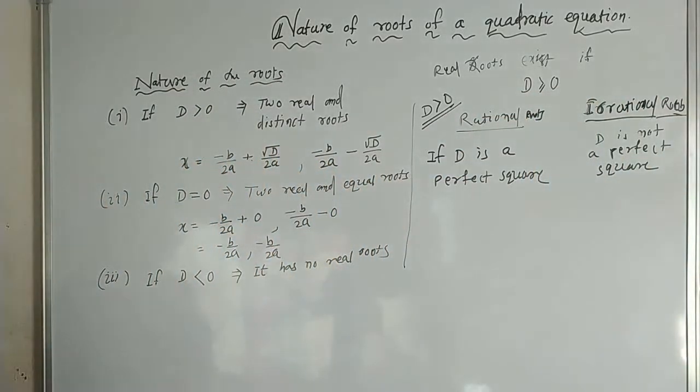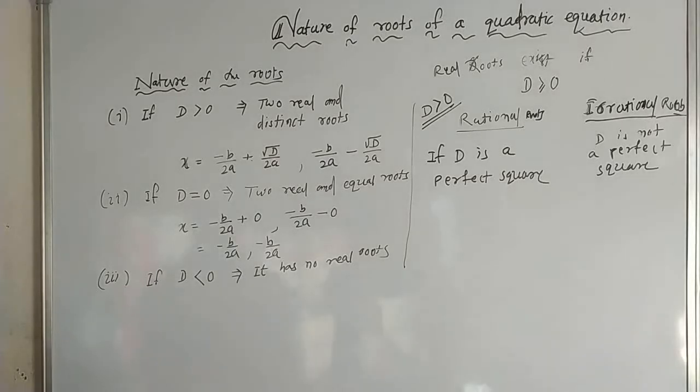If D is greater than 0, easily you can say that it has two real and distinct roots. But again, if it is real, then whether it is rational or irrational, that also you can decide by going through D. This is not given in your book. This is just information you must know.